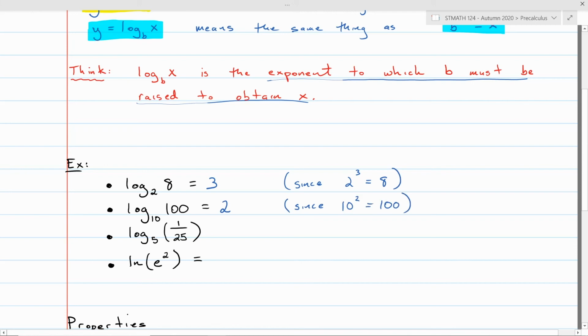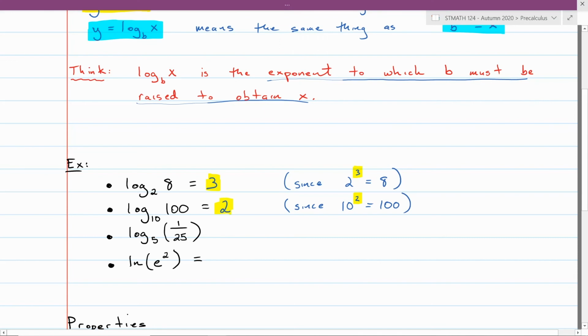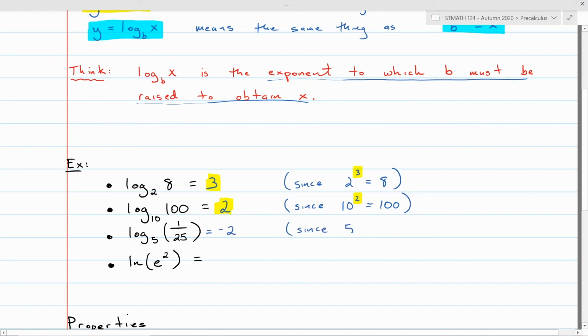So the answer that you get when you do a logarithm is the exponent. To what power do you raise 5 to get 1 over 25? Well, the answer is negative 2, because 5 to the negative 2 is 1 over 5 squared, right? So 1 over 25. Again, the answer was negative 2 because that's the exponent to which you raise 5 to get the thing that was inside the logarithm.